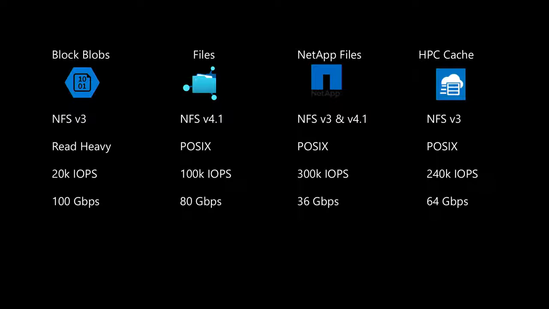If you're currently using NetApp or you want to use the data management that ONTAP provides, then Azure NetApp Files is a good solution. And they do actually have on the 3 tiers, on the highest tier, they have a very good IOPS rate. So that's NVRAM. And then fourth is HPC Cache to also look at, which provides different values and different functionality than the other 3. Any questions so far?